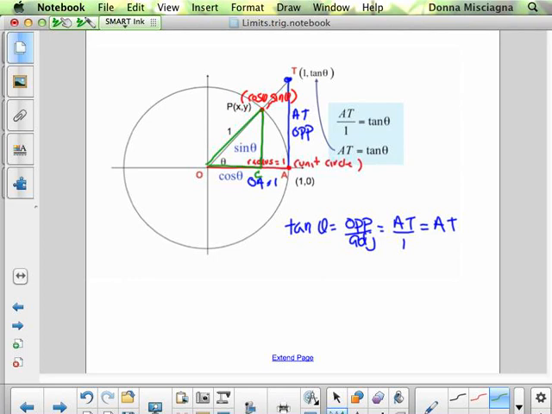And I know what AT is, it's going to be tangent theta. And so that means right now we only have one unknown, the tangent theta. So that triangle's got one unknown. The green triangle's got 2 unknowns. That's a problem. Maybe we can draw another triangle using that green triangle that would only have 1 unknown, not 2.